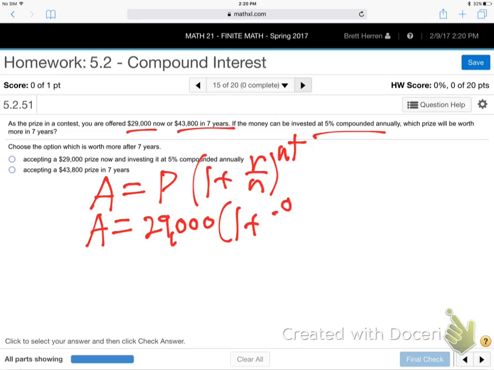The interest rate is 5%. What's the N on this one? It's compounded annually, so N is just going to be 1, 1 time a year. And the T is 7 years. So try that. Hit the buttons on your calculator.